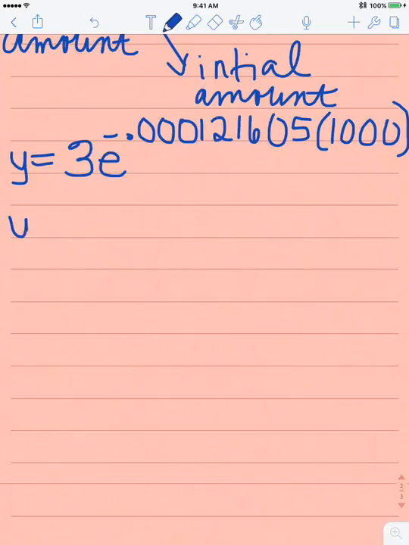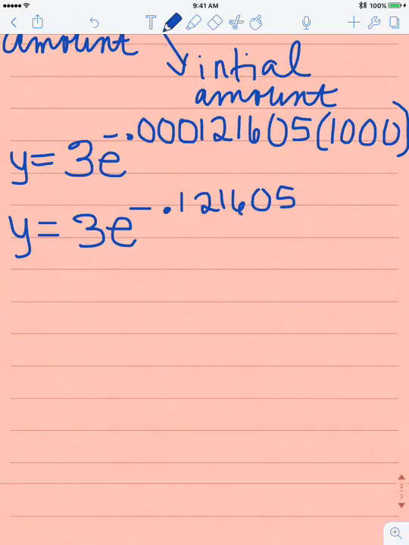So y equals 3e raised to the negative. Well, my stylus is acting funny, guys. Sorry. There we go. Negative, let's see, 1, 2, 3. So negative 0.121605.